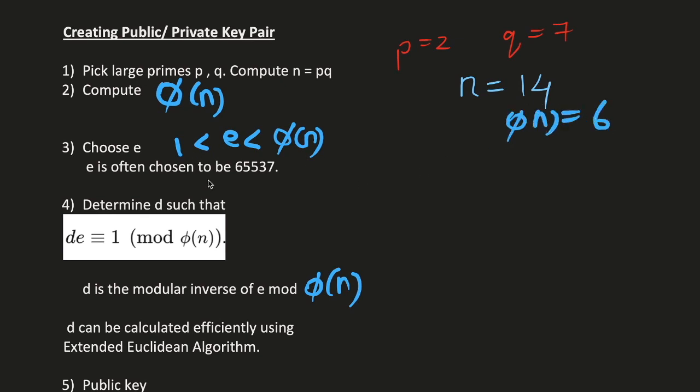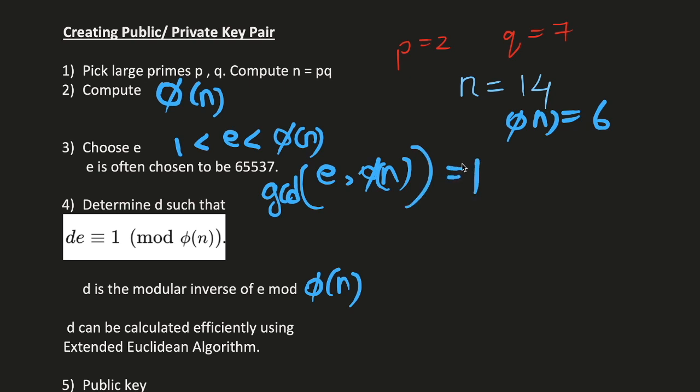We need to pick E such that it lies in between 1 and phi of n. And the second condition is that E should also be relatively prime with phi of n. So that means the GCD of E and phi of n has to be 1.